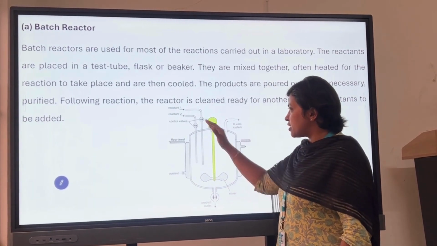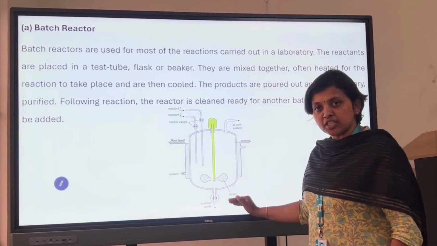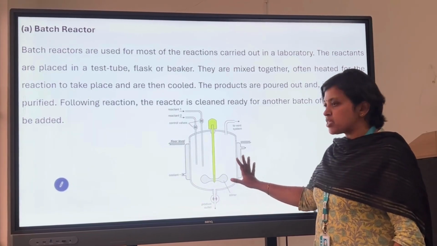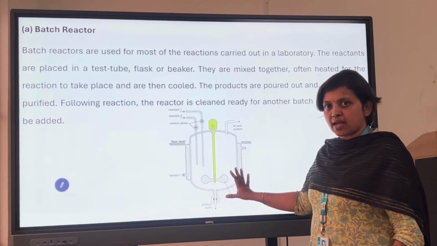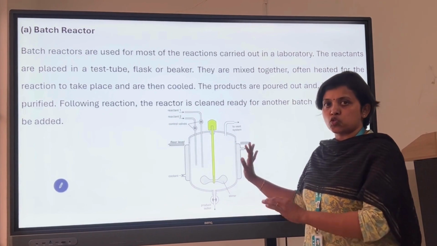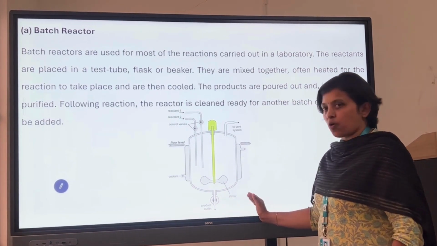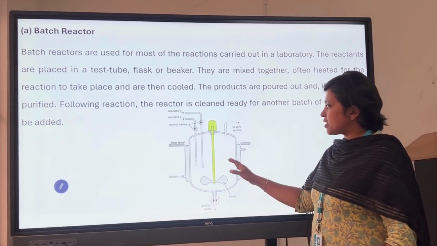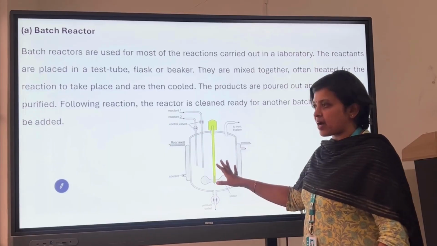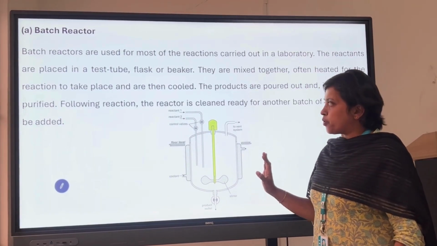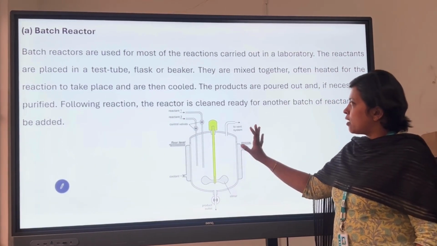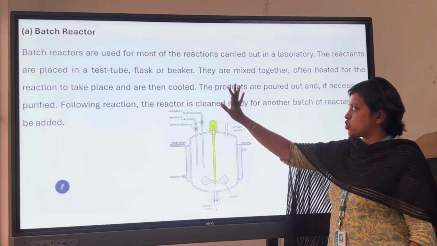Once all the reactant has reacted and converted to the product, we will stop the mixing process, and the reactor will stop entirely. We will unload the product. Then after a particular time, we will load the reactant and continue the process. This is the working of the batch reactor.